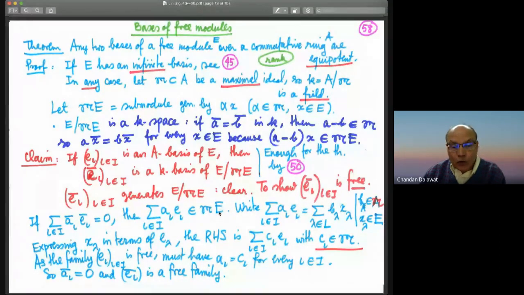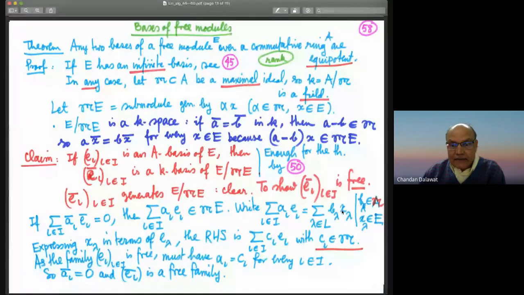It is the set of all linear combinations of elements of the type B lambda X lambda, where B lambda is in M and X lambda is in E. So this element here, which is in ME, can be written as the sum over lambda in L, where L is some finite set, of B lambda X lambda, where B lambda is in M and X lambda is in E. Okay.